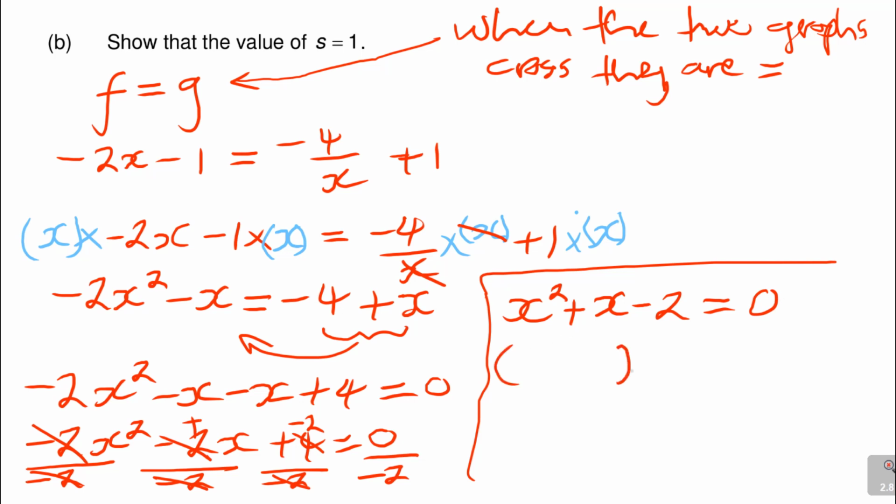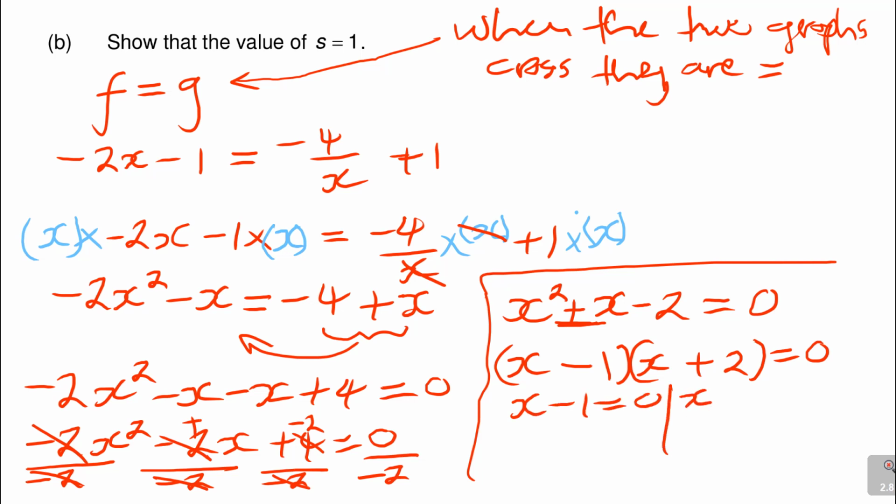This is factorization, and you need to know the skill of factorization in this case. This is your x, this is your x, this is your 2, this is your 1. Now, the bigger number must be positive, the other one must be negative. So what do you say? x minus 1 equal to 0, or x plus 2 equal to 0.